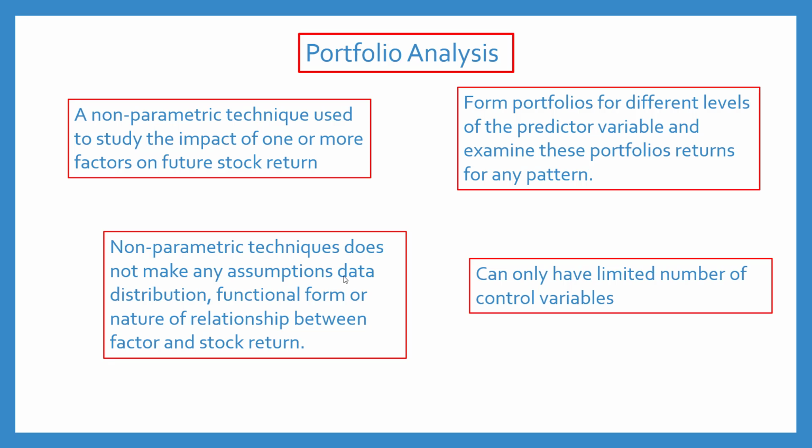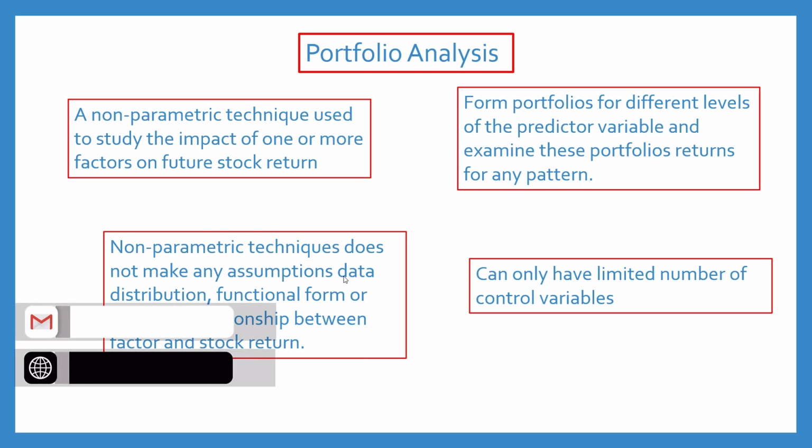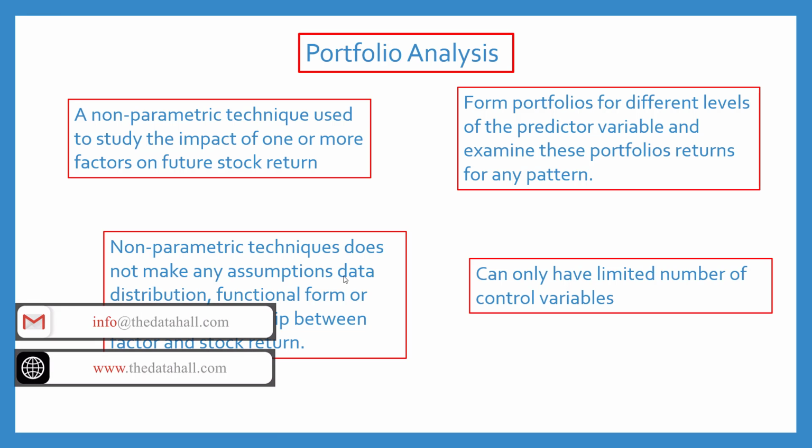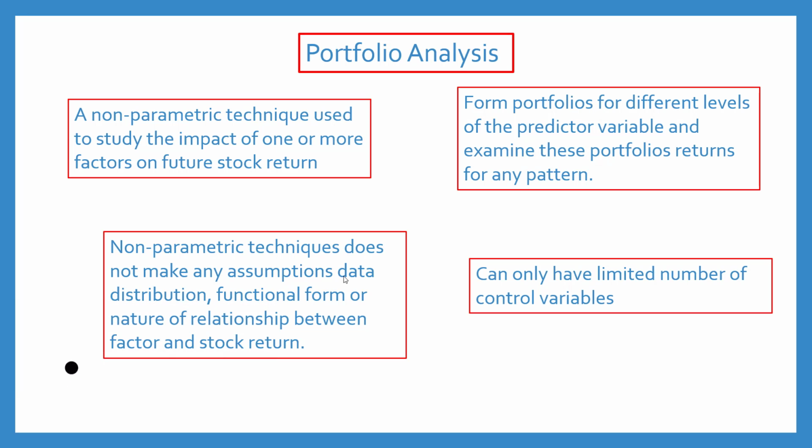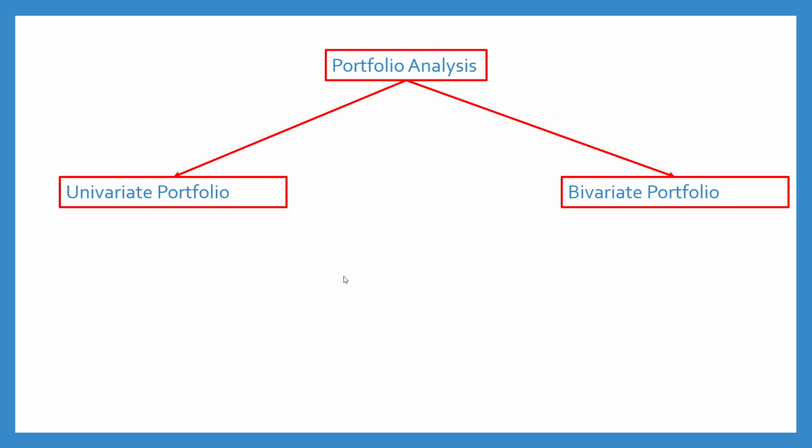The downside of portfolio analysis is that we cannot control for a lot of factors. In regression analysis, we can have control variables. In portfolio analysis, we can also control for certain variables, but there are limitations to the number of control variables we can use.